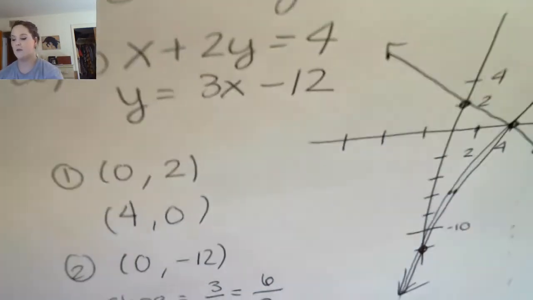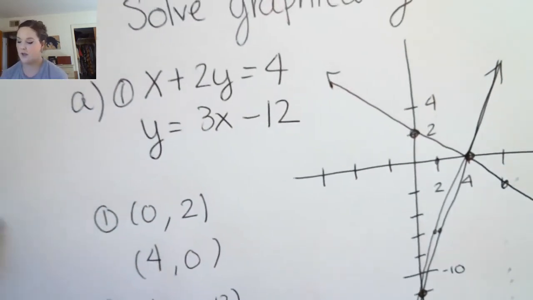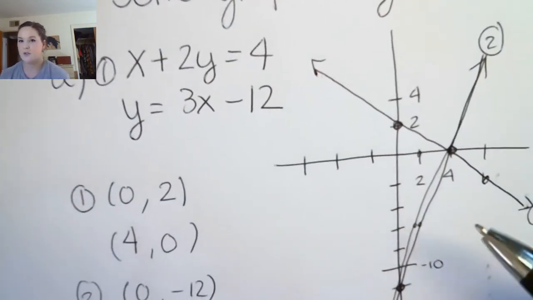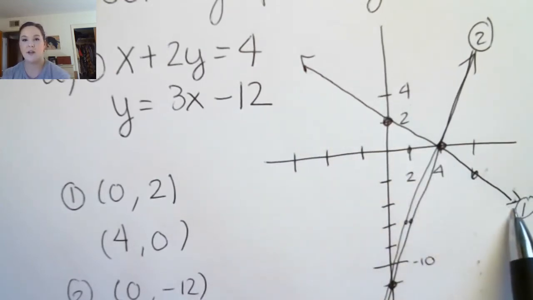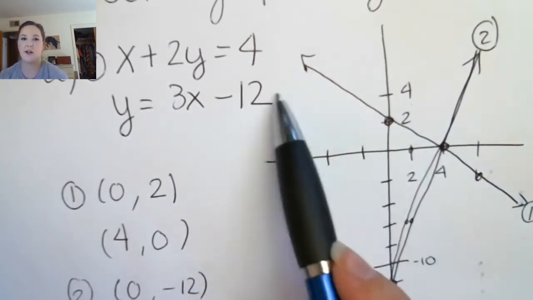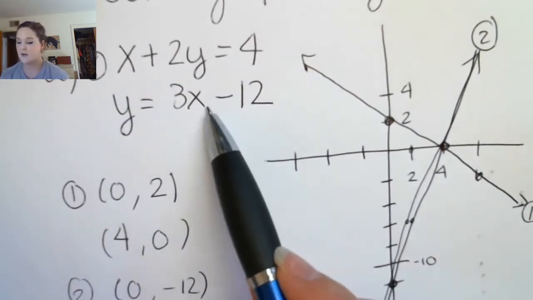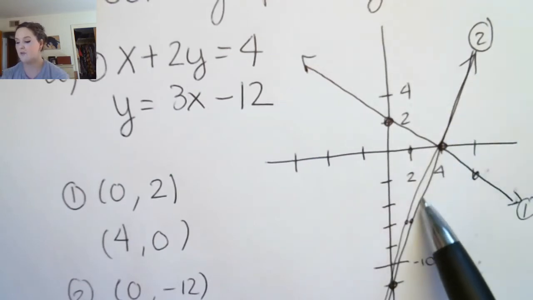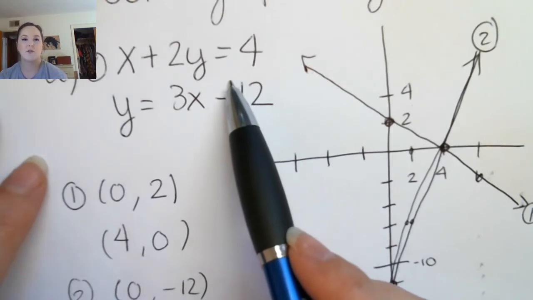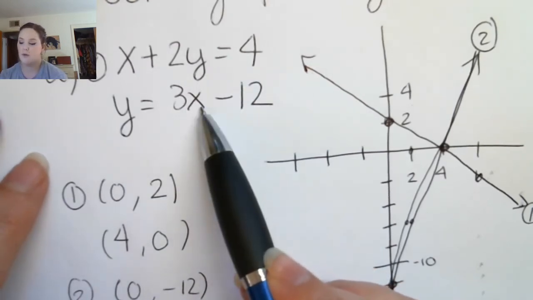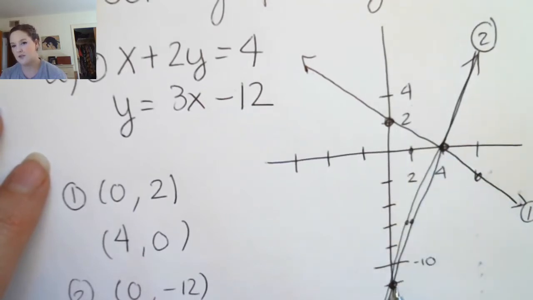Okay, so now we want to think about where the solution is. Okay, so all the solutions to the first equation are all of the points on this line. So if you picked any point off this line and plugged it in here, you would see that it checks, it is the solution. And then same thing here, if you took any point off this line and plugged it in here, you would find that it's a solution. So if we want something that's a solution to both, we want a point that's on this line and a point that's on this line.